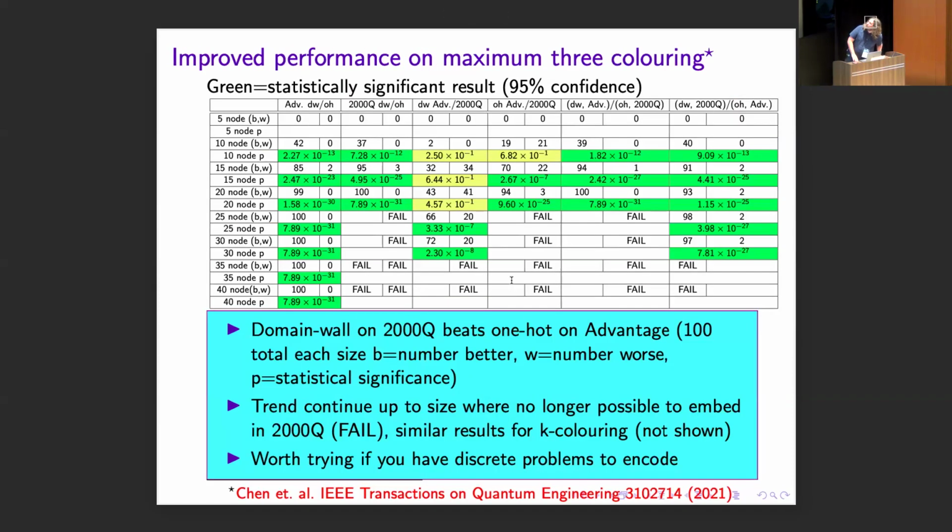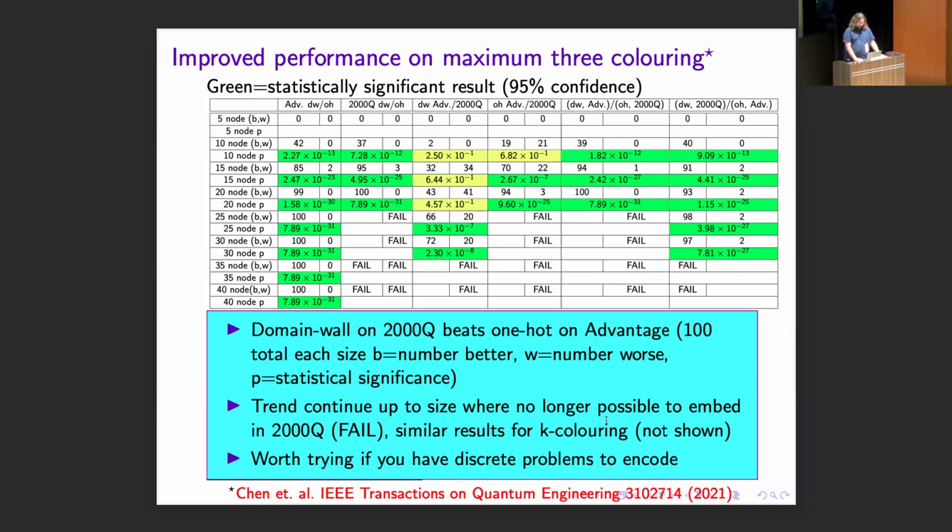So there's now some fairly old results. You can get improved performance on max 3 coloring on D-Wave devices. In fact, the encoding in this case made a bigger difference than using the newer device.